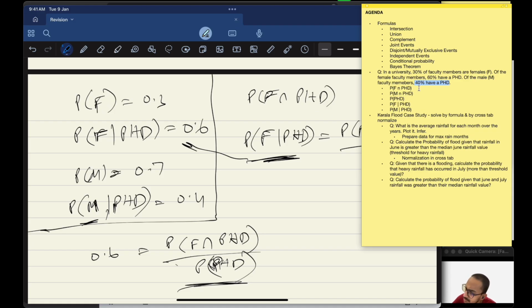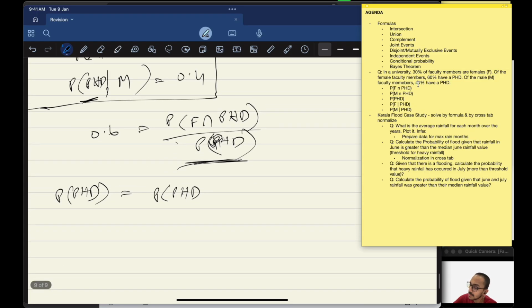Okay, this should be PhD given male. This should be PhD given female. So the evidence is already that they are females, right? And of the females, the PhD holders are 60%, and of the males, the PhD holders are 40%.